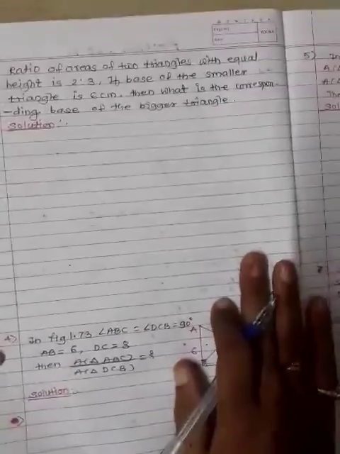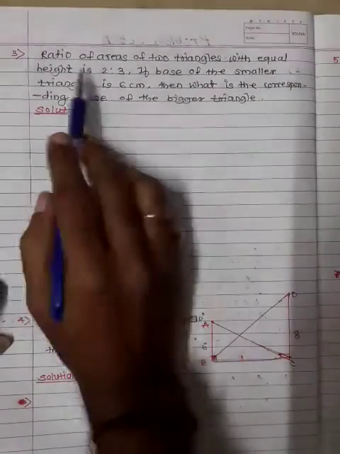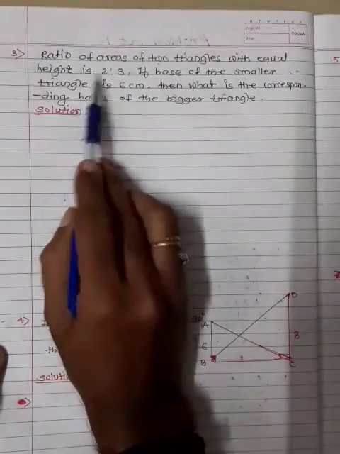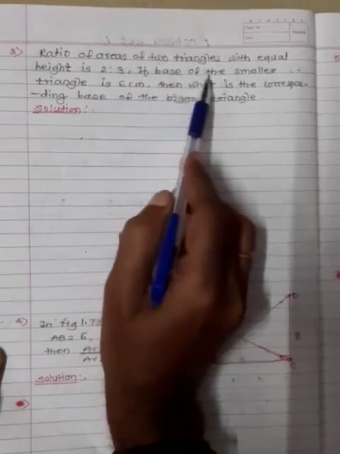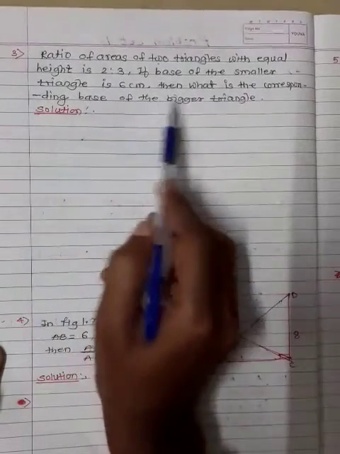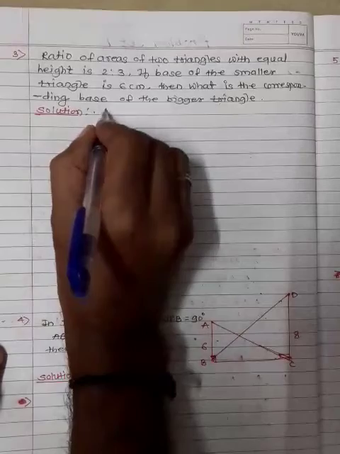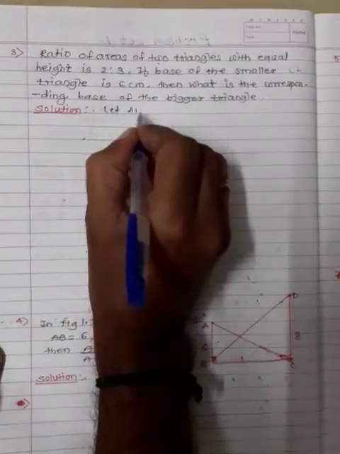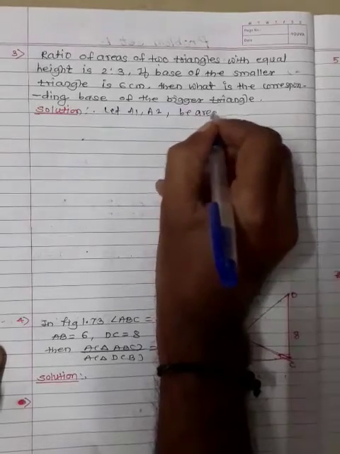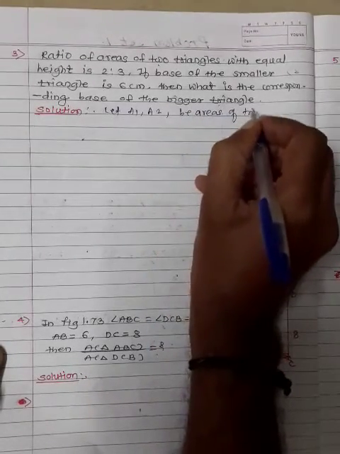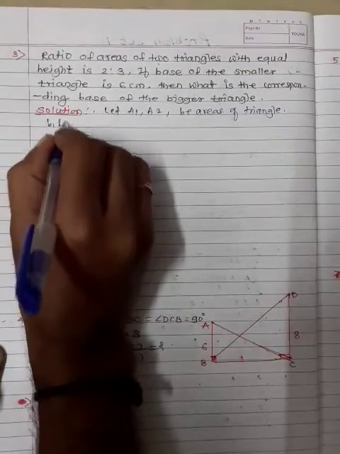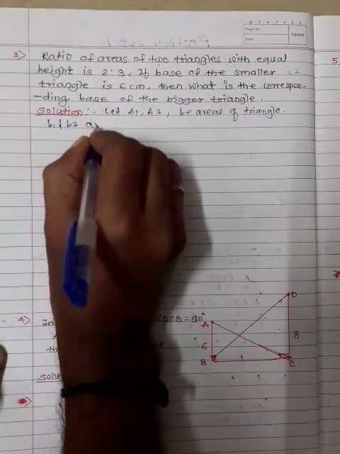Next question. Ratio of areas of two triangles with equal height is 2:3. If base of the smaller triangle is 6, then what is the corresponding base of the bigger triangle? Let area 1 and area 2 be the areas of triangles, and B1 and B2 the bases.